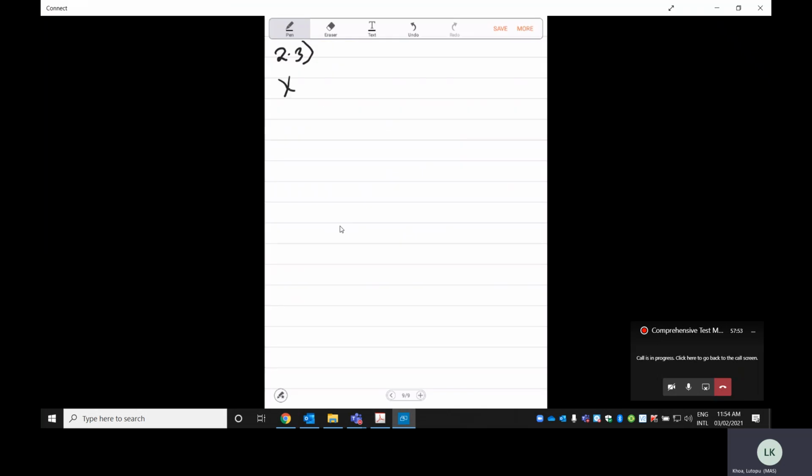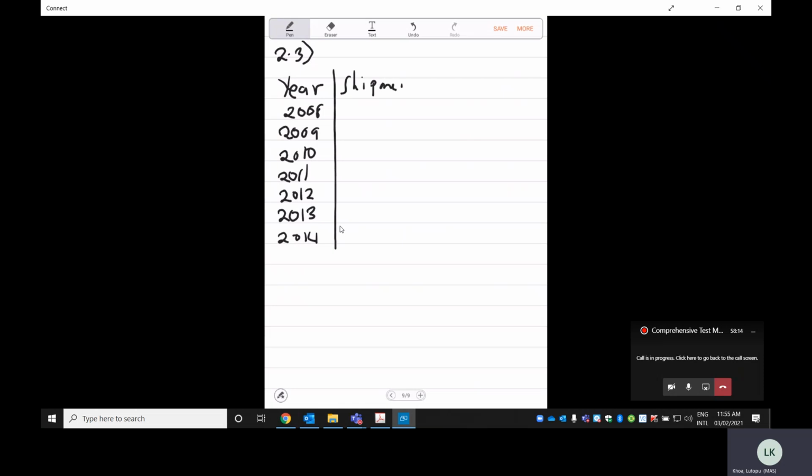So we'll have to form a table. So I have year, 2008, 2009, 2010. Okay, then I will have the shipments. And then I have the 3-point moving average that I will work out.